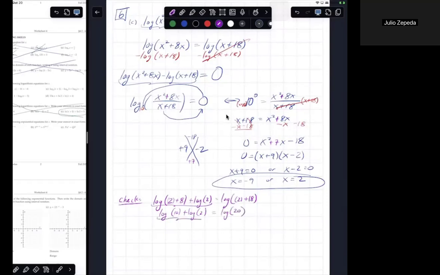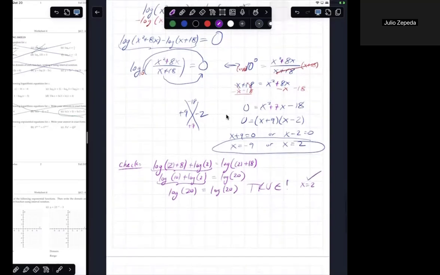And remember that the product rule that allows me to add these two logs tells me that this is log of 10 times 2, or 20, equals log of 20. This is a true statement. There's no problem with the statement. So that means that x equals 2 is a solution.